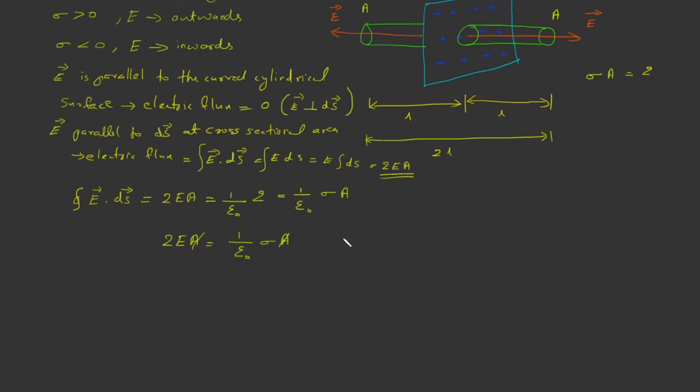So we can write the magnitude of electric field as E equals sigma divided by 2 epsilon 0.